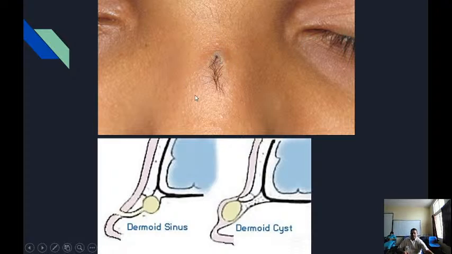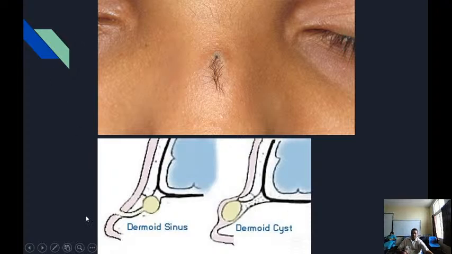Now this is usually associated with a swelling inside the dermoid, and this is a simple dermoid where the skin is intact, whereas this is the one dermoid with a sinus. So this gets infected and keeps on discharging continuously through this small opening into the skin.